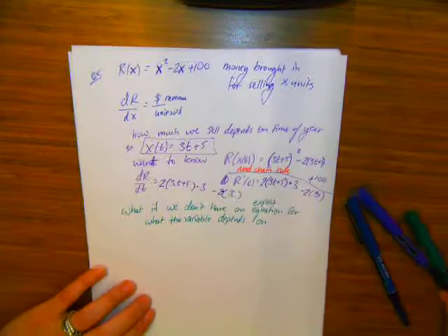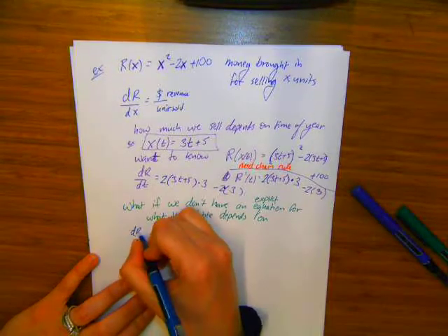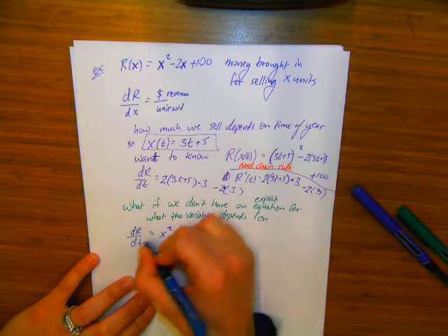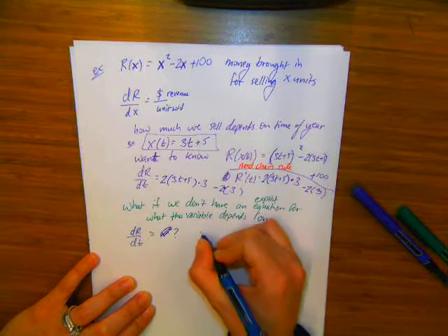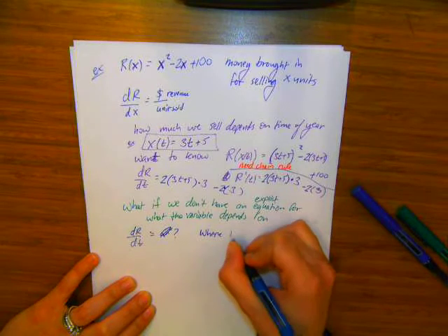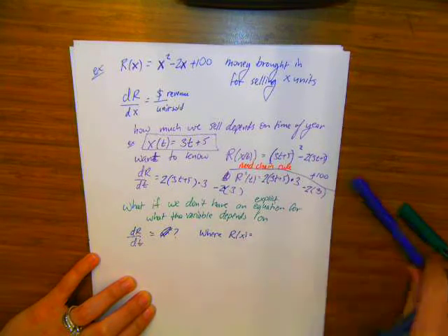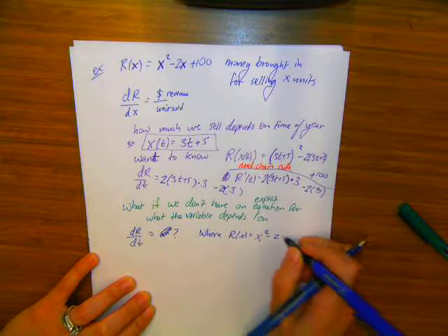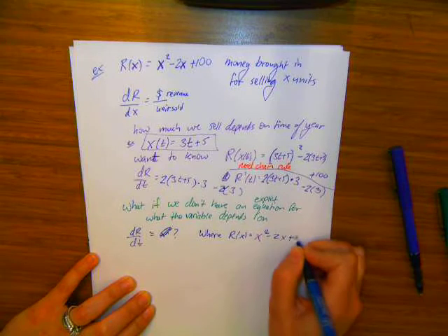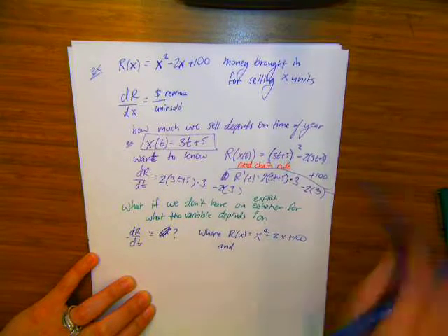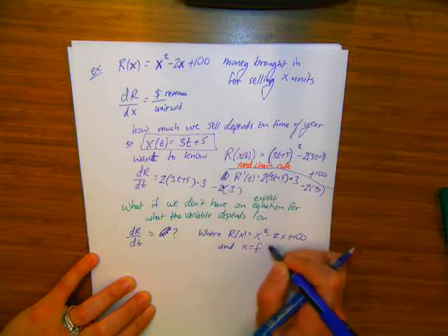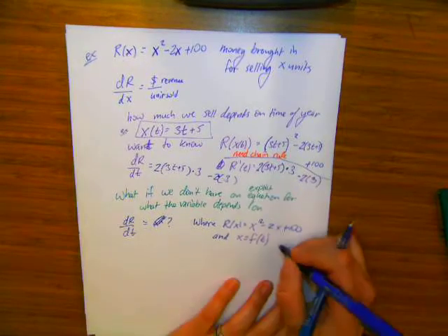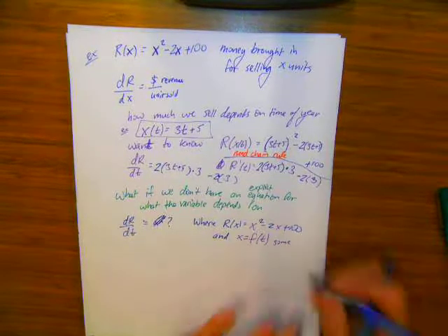Okay, so going back to the dr dt, where I have, right, and x is equal to some function of t, I just don't know what it is, right? Some function just not given an explicit equation.